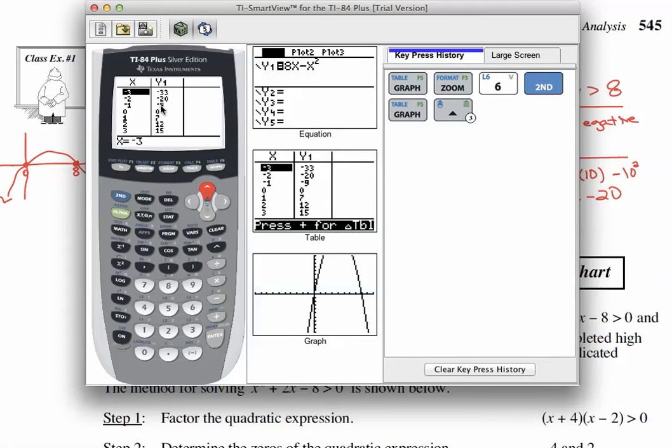So I wouldn't actually need to input my values. I can just look at this and see when does the graph become negative? Well, it becomes negative when x is less than 0. I can see that here. When x is less than 0, my values become negative.